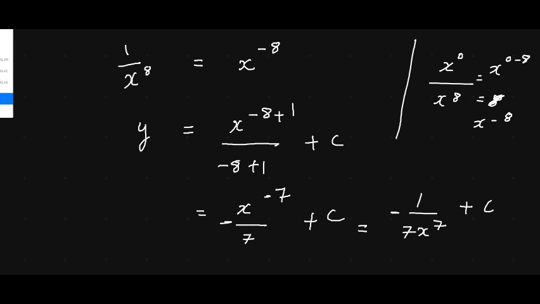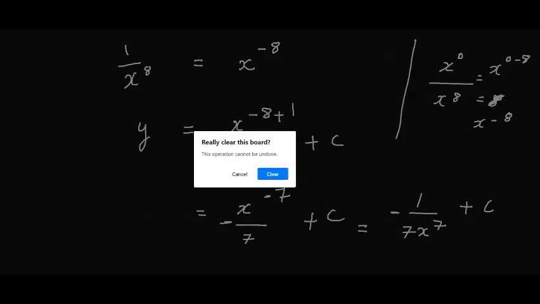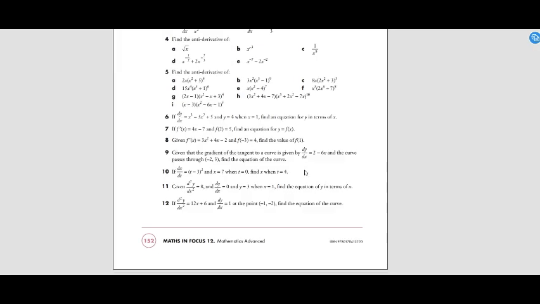Let's go to the next problem. The next problem I'll attempt is this one, x to the power of minus 1 by 2 plus 2x to the power of minus 2 by 3. A little bit more sophisticated. So I'm going to write the problem.